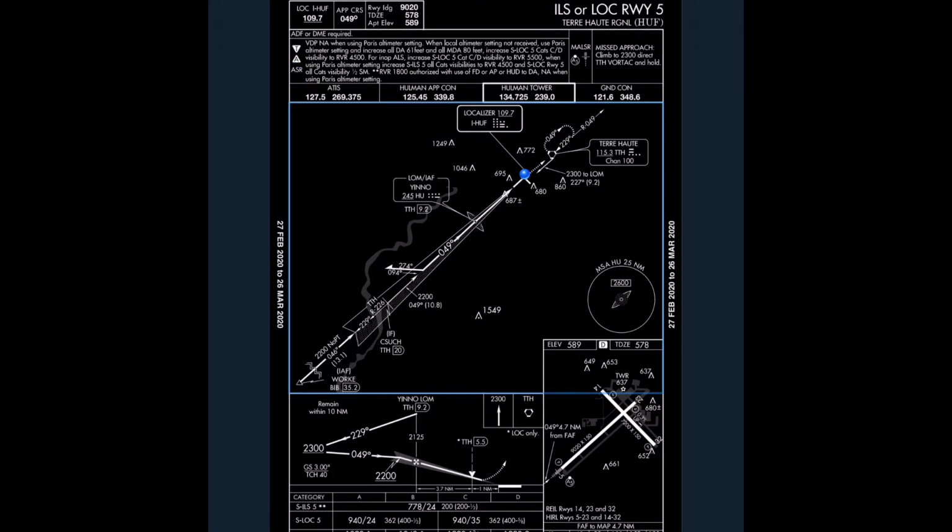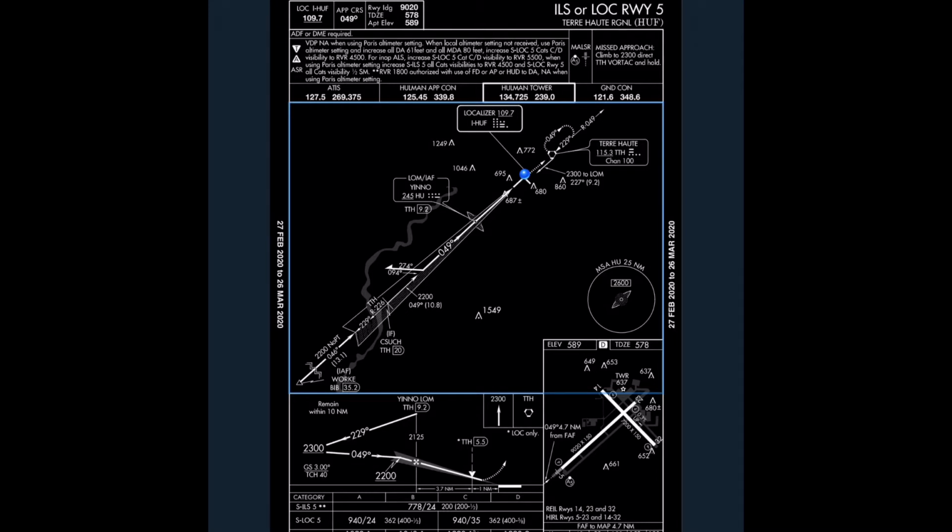So going into the notes, you can see that the VDP is not available when using the Paris altimeter setting. That's because if we were to not get the local altimeter setting for Terre Haute, we'd have to use the altimeter setting in Paris, which if we have an altimeter setting from a different airport, it could cause an adjustment in the altimeter setting based off a difference in pressure from Terre Haute airport versus the airport in Paris.